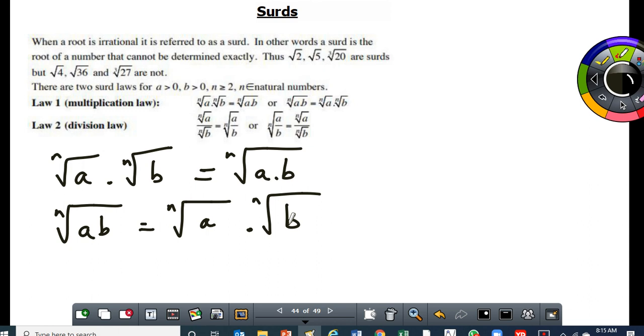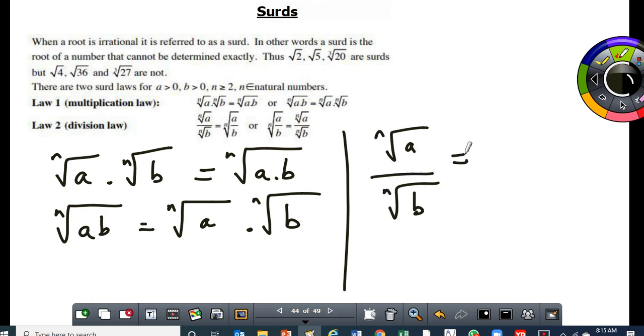Then for division, they have the nth root of A over the nth root of B. This can be written as, if you are dividing the A and B and then you take the nth root.